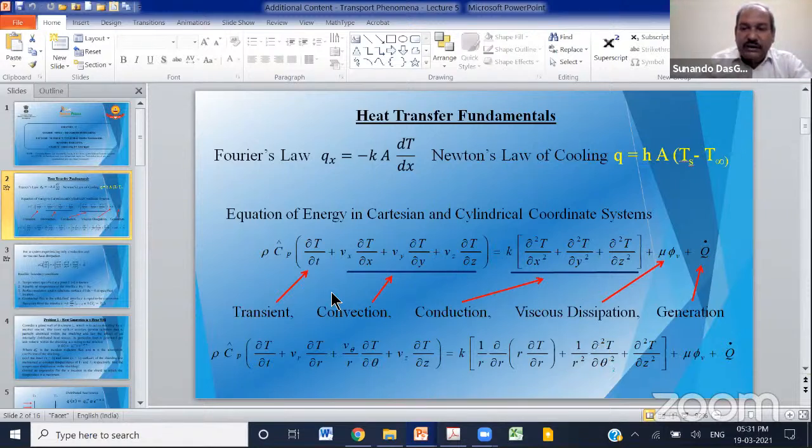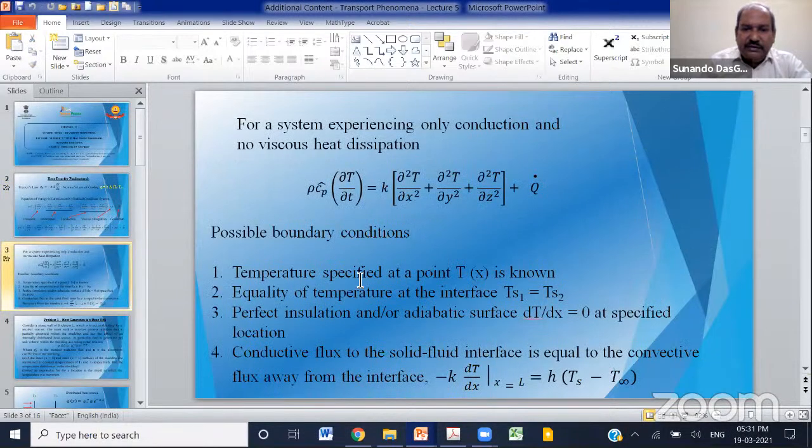And we know the different boundary conditions which are used in heat transfer. For example, the temperature could be specified, or the equality of temperature at any interface, so temperature is a continuous function.